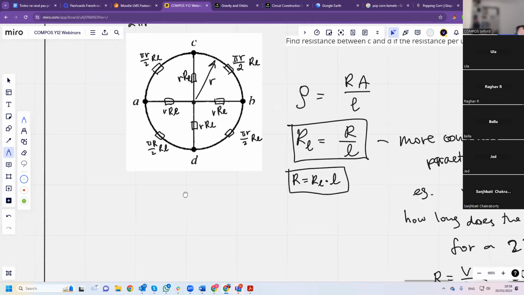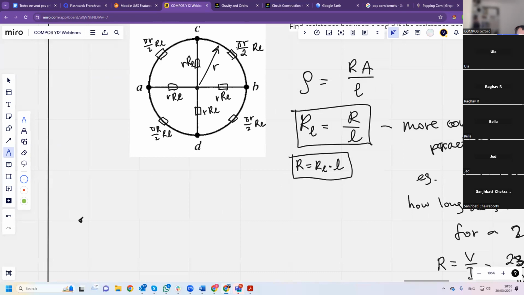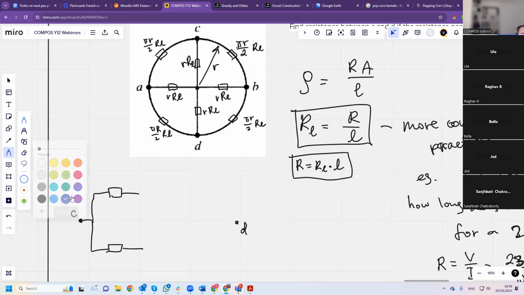Now, the resistance between C and D, so this is point C, this is point D. Let's rewrite it. From C, there's this resistor, there's this resistor. For simplicity, let's give them different names.